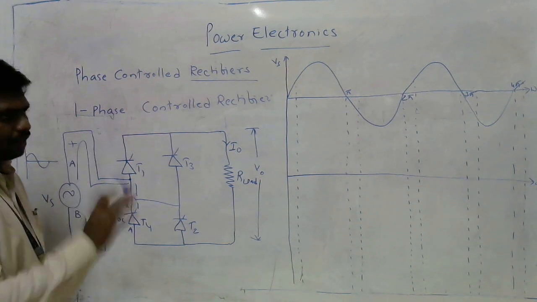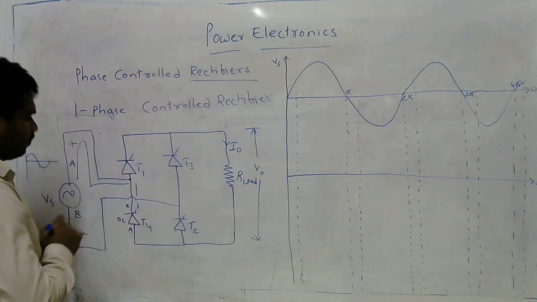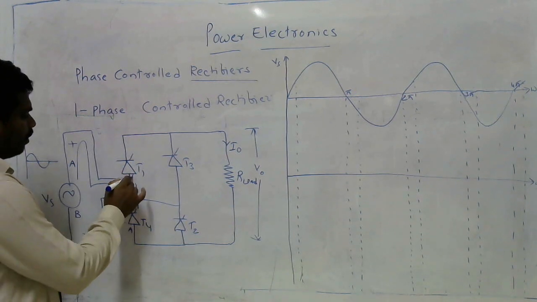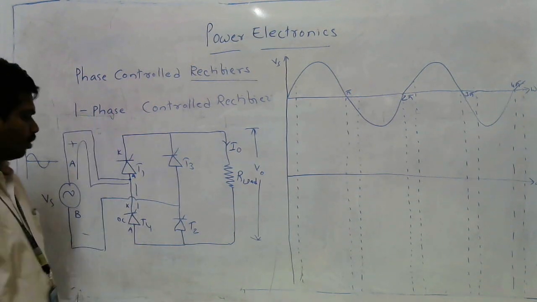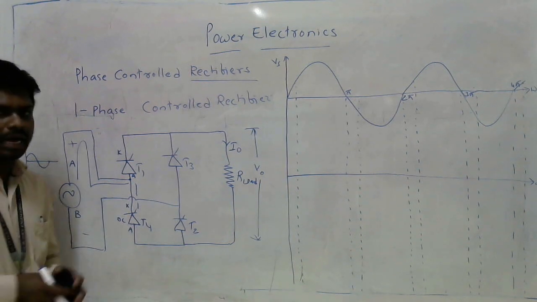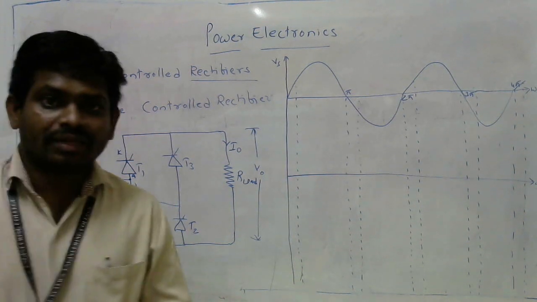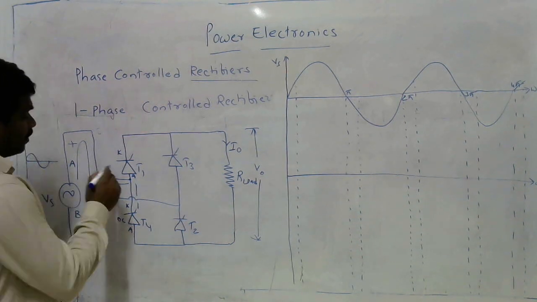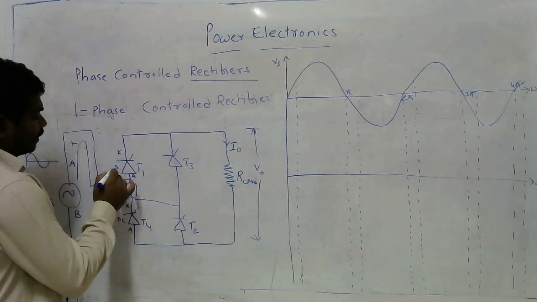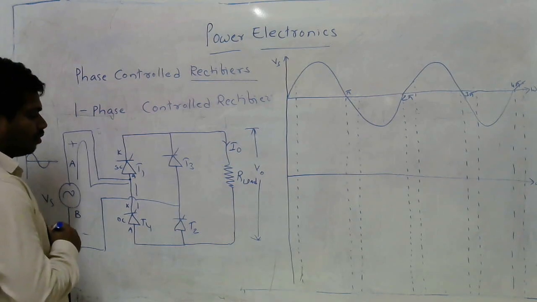Then the only path is through T1. This is anode A, this is cathode K. The anode is more positive than the cathode, hence it conducts, becoming a short circuit and allowing the current to flow.